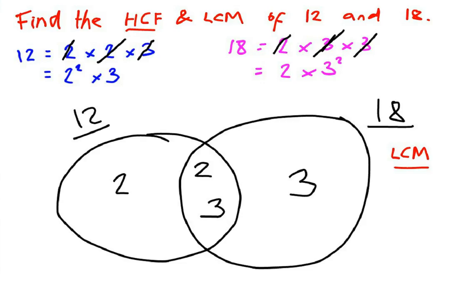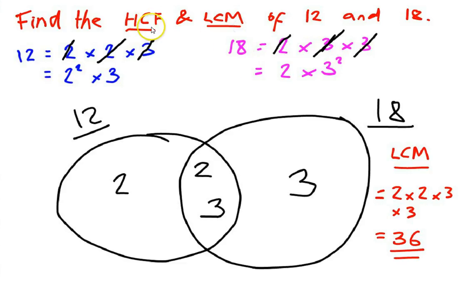So in this case, I'm going to write 2 times 2 times 3 times 3, which gives me 36. So that means the lowest common multiple of 12 and 18 is 36.